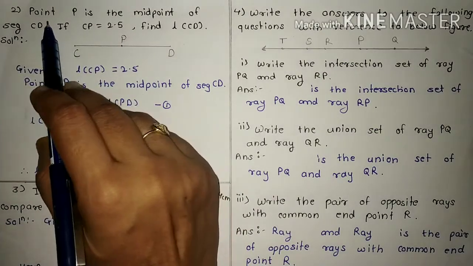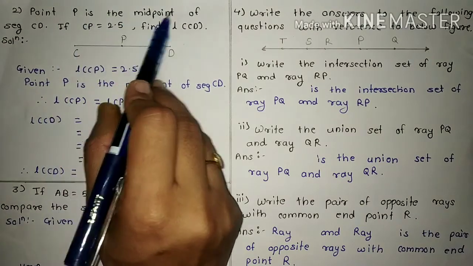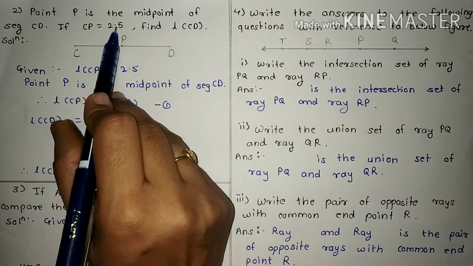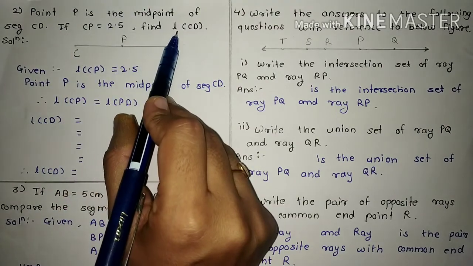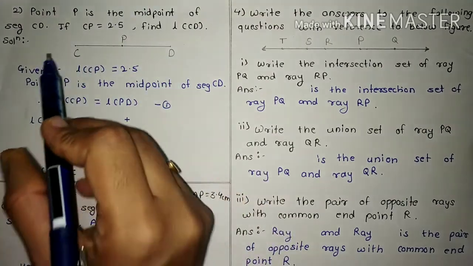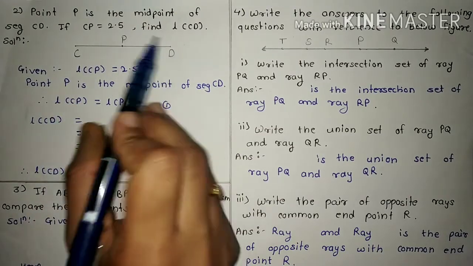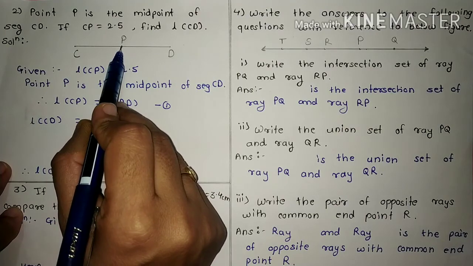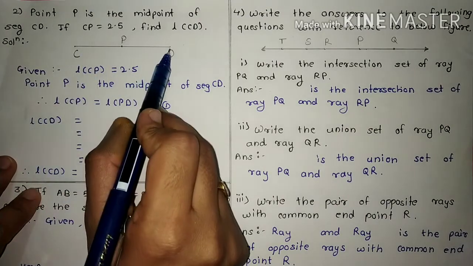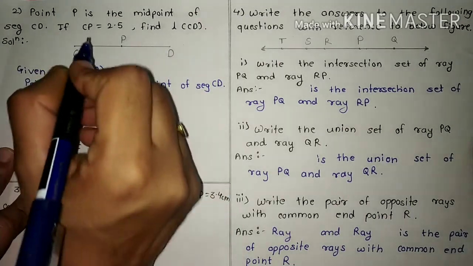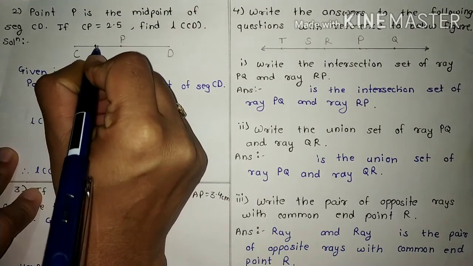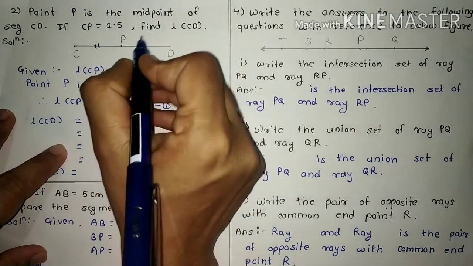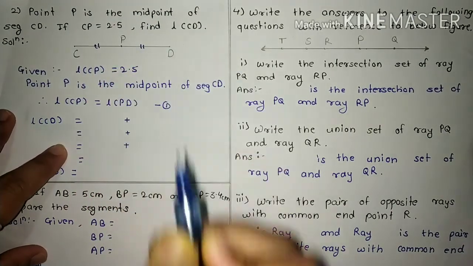Next example is point P is the midpoint of segment CD. If CP equal to 2.5, find length of CD. First draw figure of given information. Given that P is midpoint of segment CD, therefore length of CP and length of PD are equal.